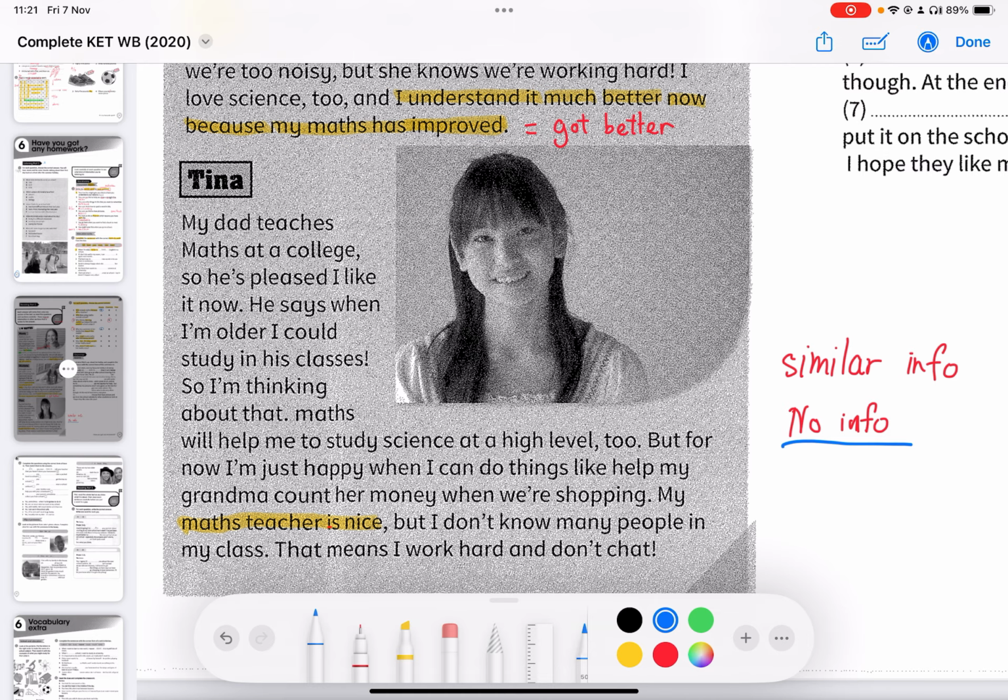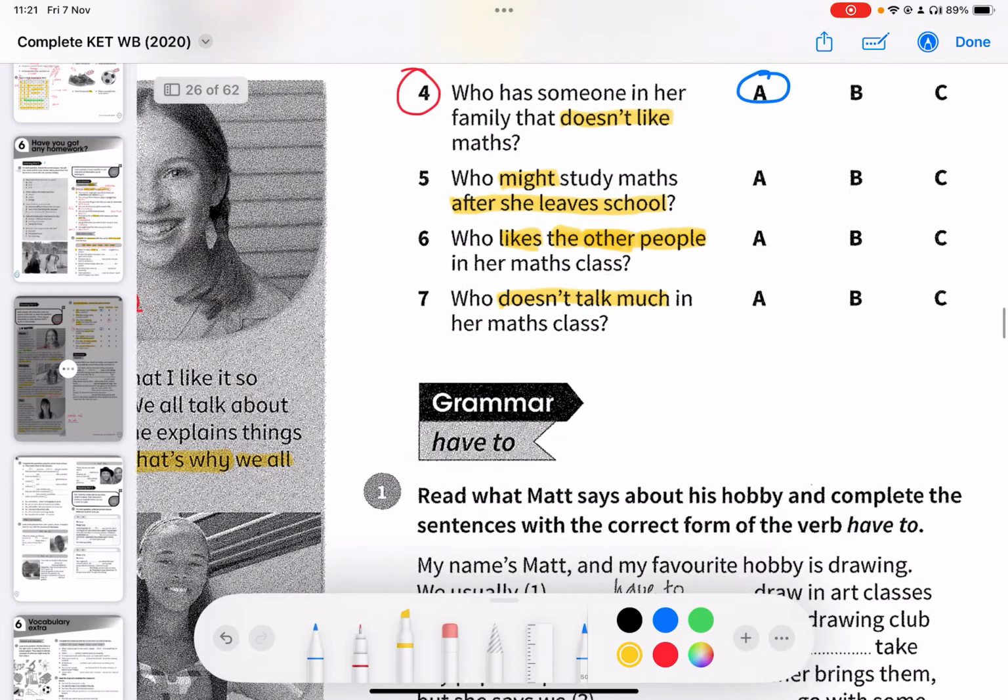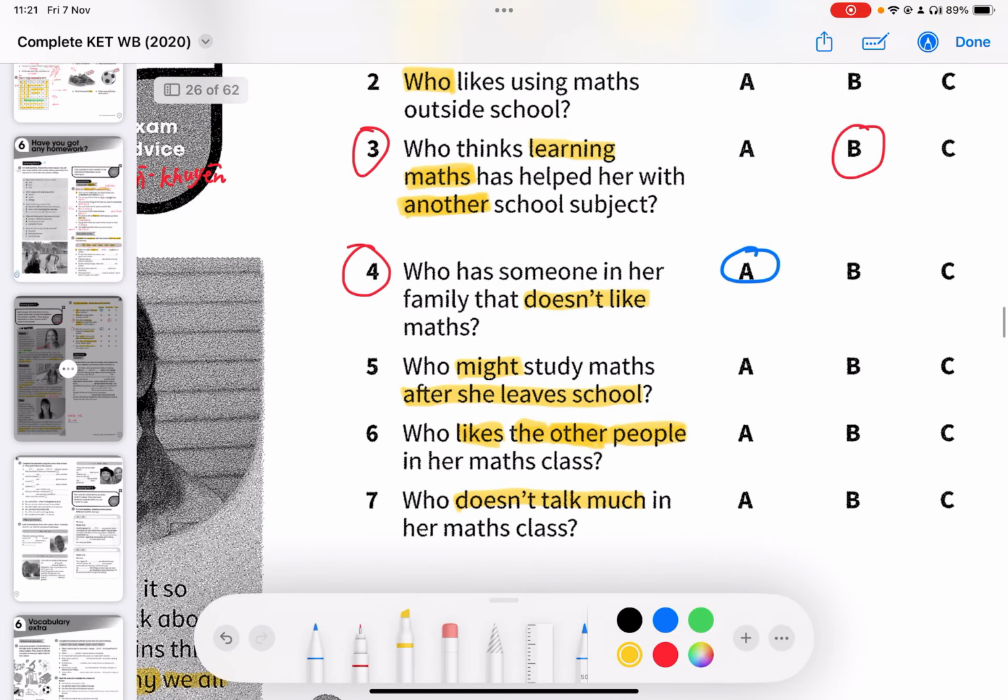And we've got, you say I don't know many people in my class. So this one means number 6, who likes the other people in her math class. Bạn ấy không biết cho nên là bạn ấy cũng không thể thích được những bạn khác ở trong lớp.